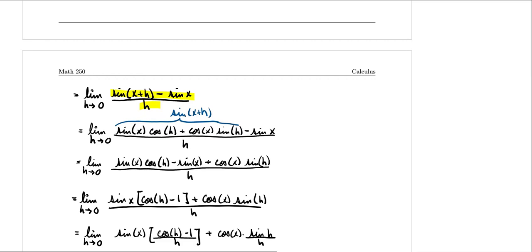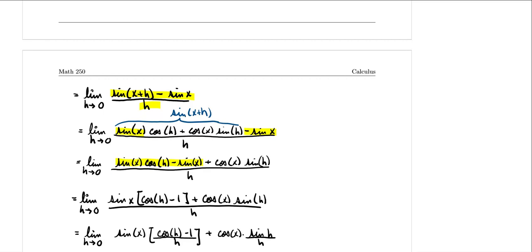Now, for the next line here, I decided to group the sines closer together. So notice here that we have a sine of x here and a sine of x here. So I placed them closer together to get the limit as h approaches 0 for the sine of x times the cosine of h minus sine of x plus the cosine of x times the sine of h, and it's all over h.